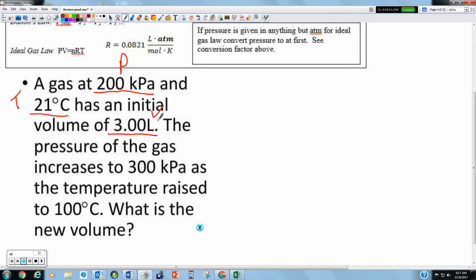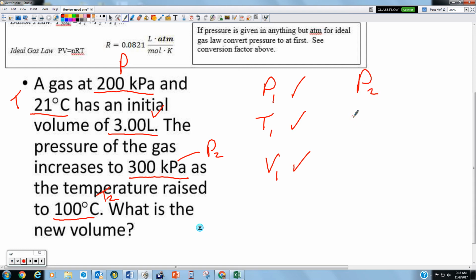That one actually tells you what it is. That's a volume. The pressure of the gas is increased, so this is a new pressure, so that's like a P2, as the temperature is raised to 100 degrees Celsius, so that is a T2. So we have a P1, we have a T1, we have a V1, and then we have a P2, we have a T2, and we want to know V2.